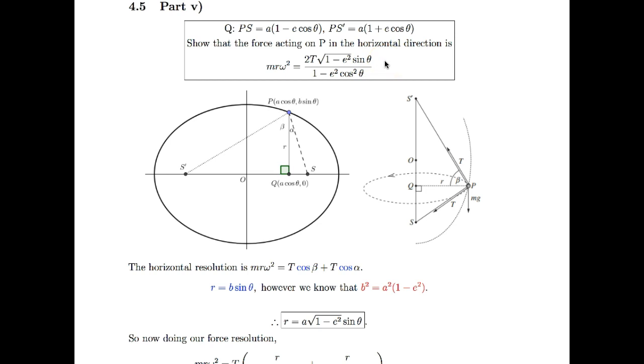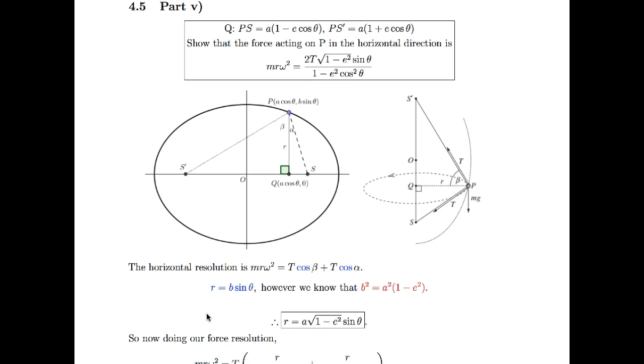The trick here, however, is to realize the one thing. r is basically just the height of QP, but the height of QP is nothing more than just the y coordinate of P, and that is actually b sine theta right here. So effectively, what we're trying to get at is that r is actually equal to b sine theta.